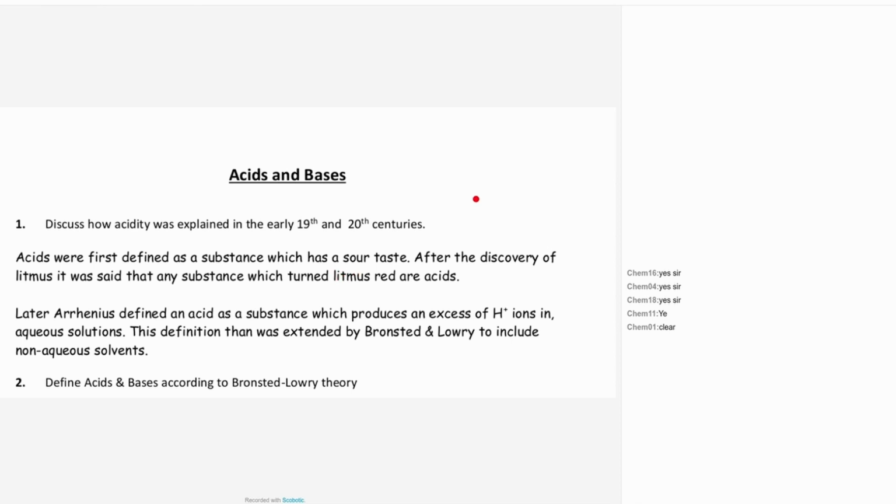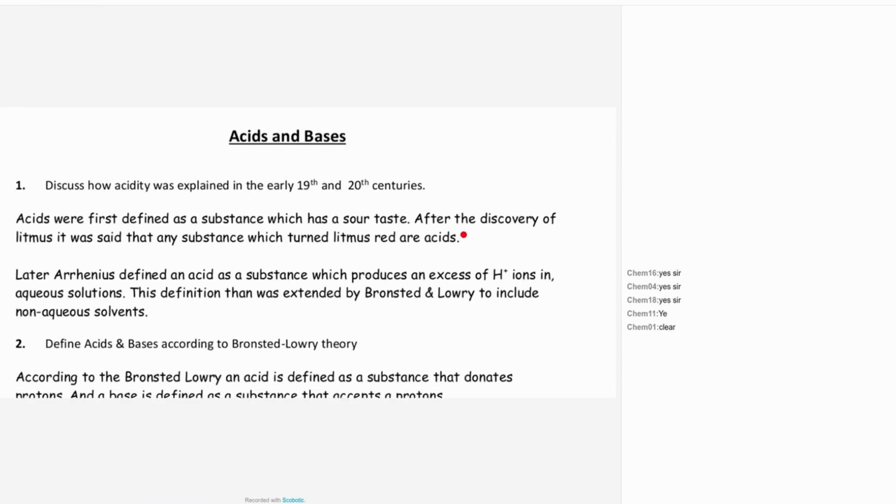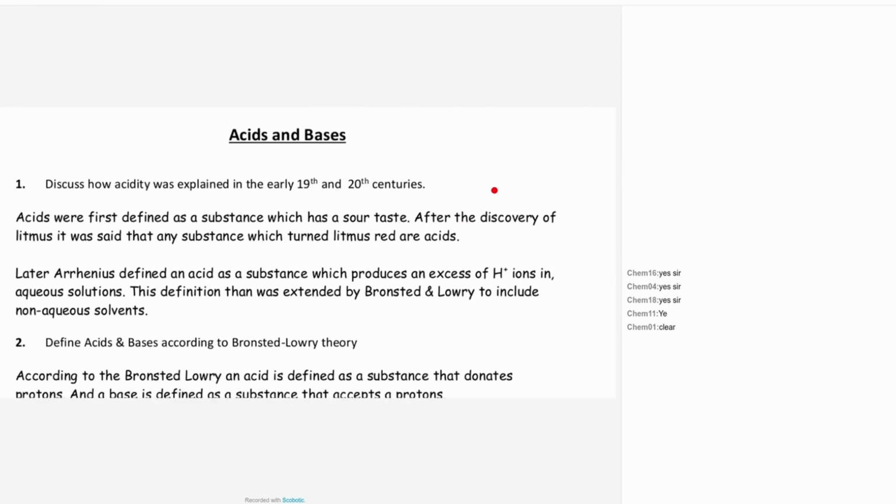And later on, Arrhenius came forward and gave a better definition of an acid. Arrhenius said any substance which produces excess H+ ions in aqueous media is an acid. And then that particular definition was further extended by Bronsted and Lowry to include non-aqueous solvents.